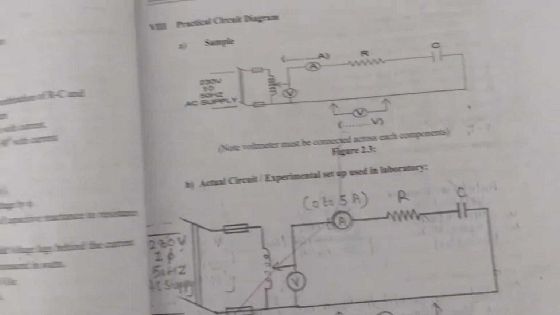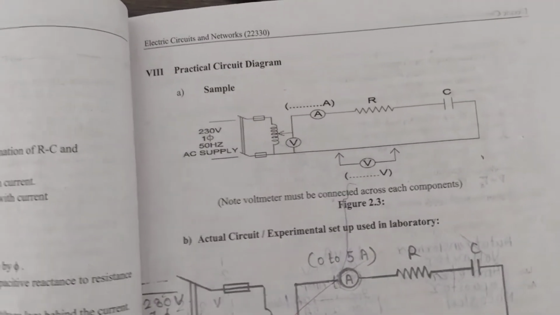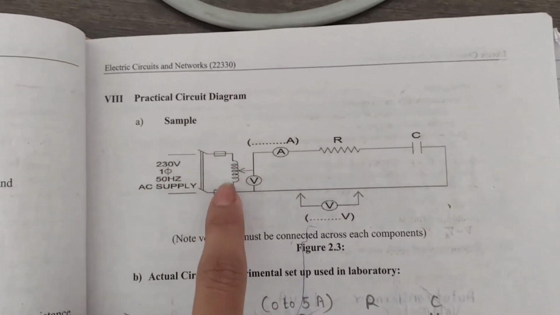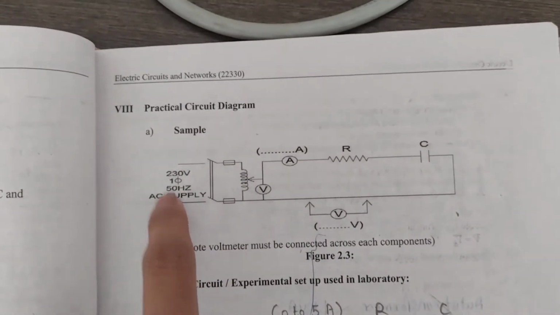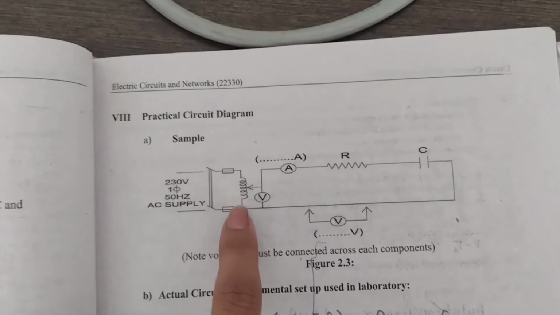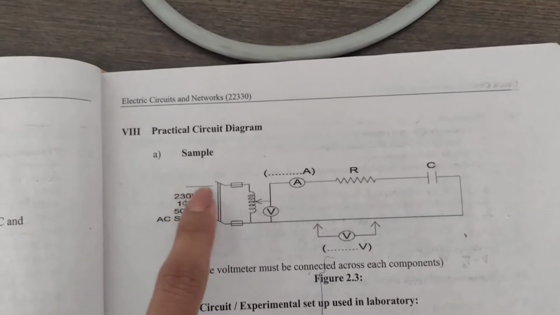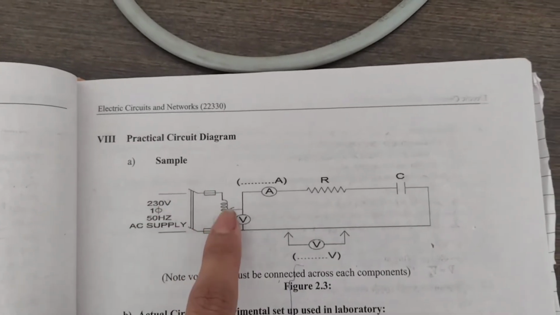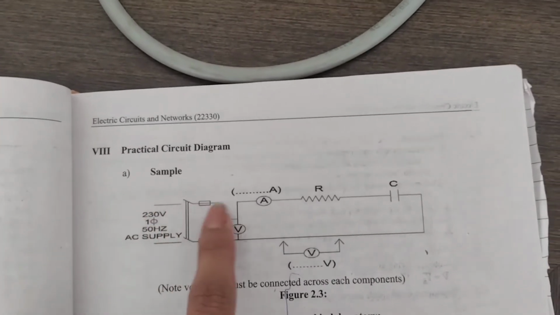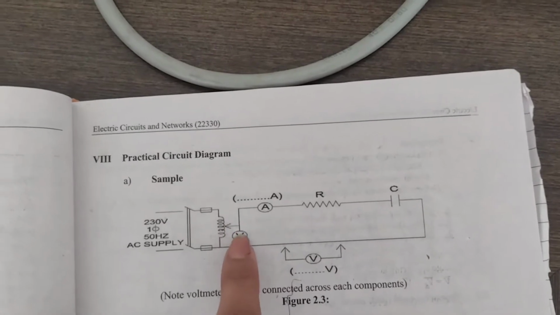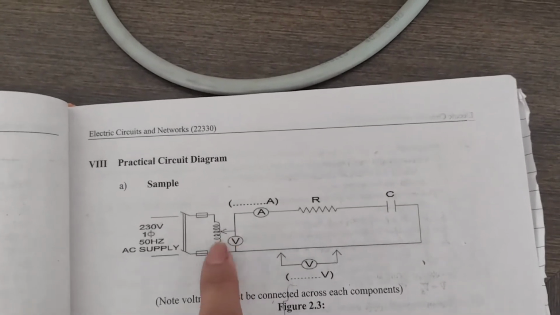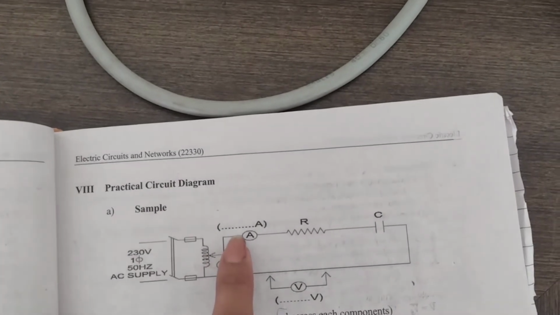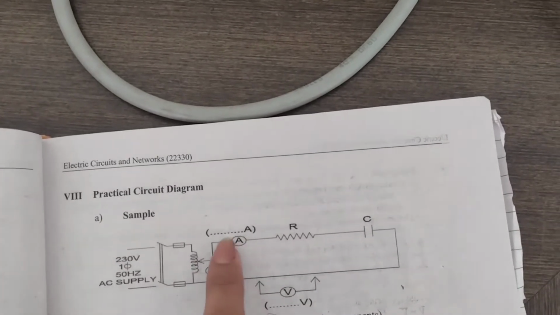Okay. This is the circuit diagram of your practical. First, the single phase 230 volt AC supply is given to this auto transformer having two terminals. This is the phase and this is the neutral. The phase terminal of this auto transformer is connected to the common terminal of this voltmeter. Then the common terminal of this voltmeter is connected to the common terminal of an ammeter.